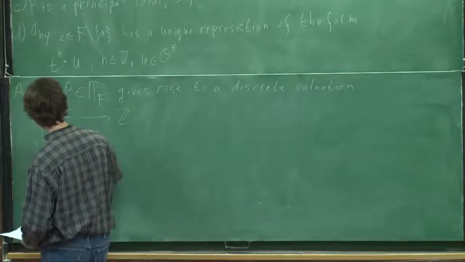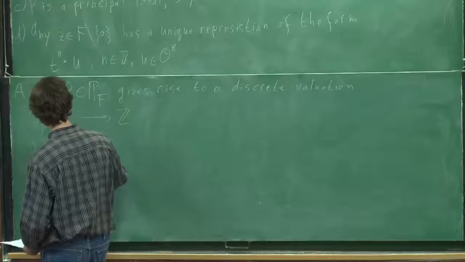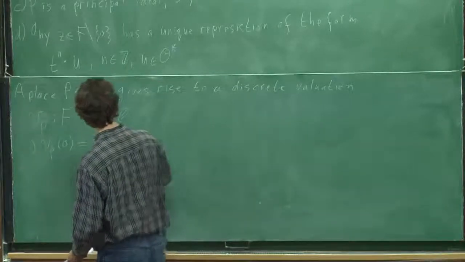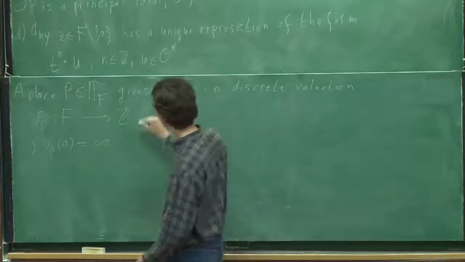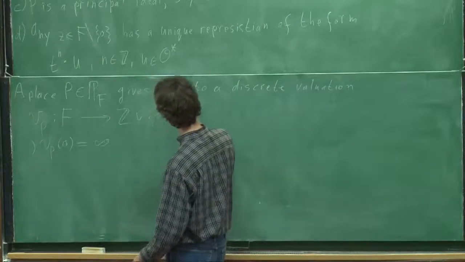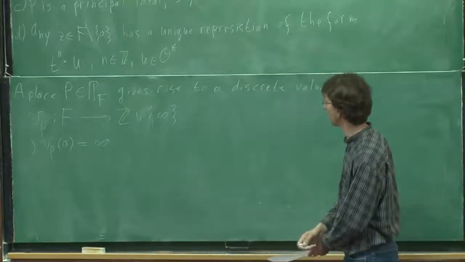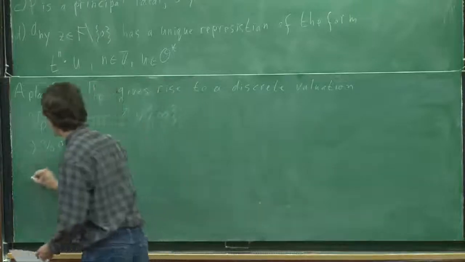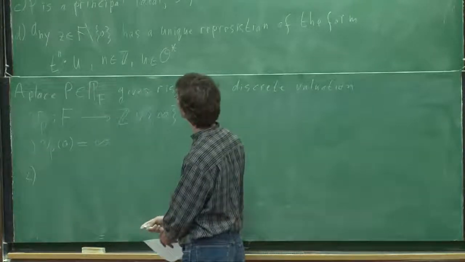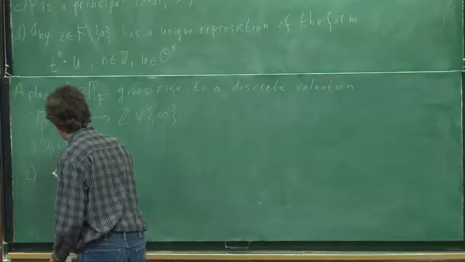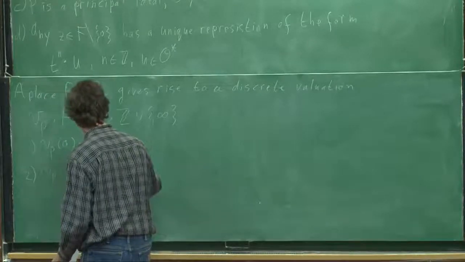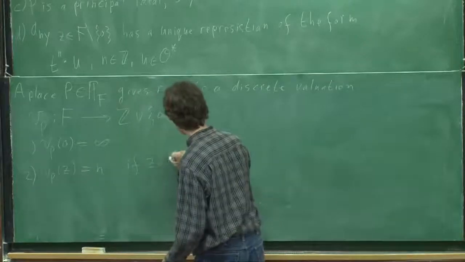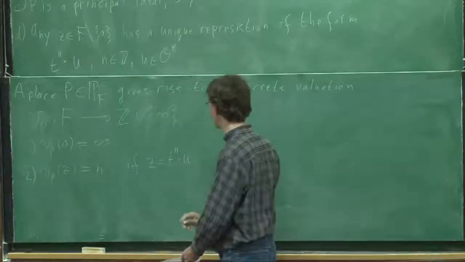Well, in the first place we are going to say the element 0, which we excluded, makes sense, but let us just move that to infinity. That is fine as long as I add it here in my image space as well. So this is just to take care of the 0, but then what is important is that this phi of z is just n if, just as above, this can be written like this.